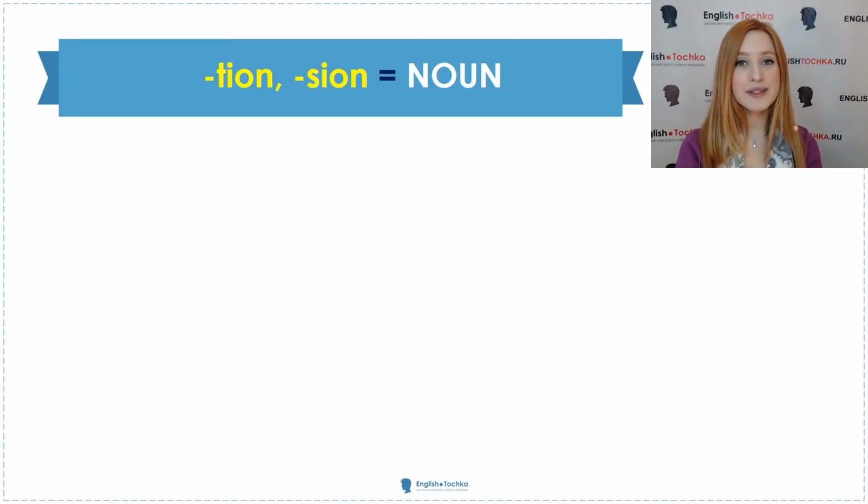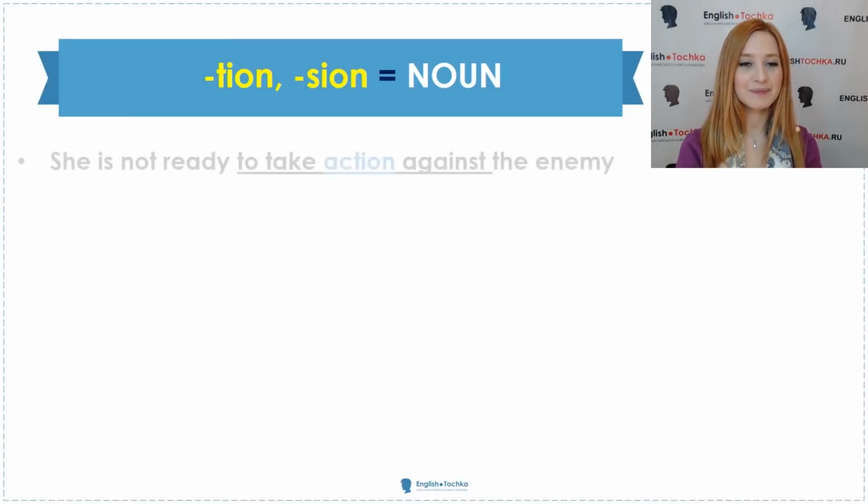We also have some words like that in Russian. For instance, реакция, reaction, миссия, mission, эволюция, evolution, right? See? So ция in Russian means that most probably there is such a word in English.